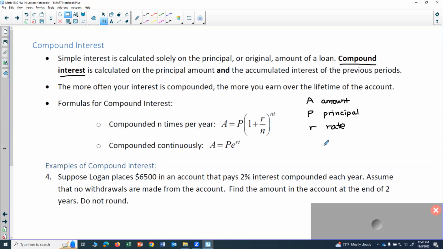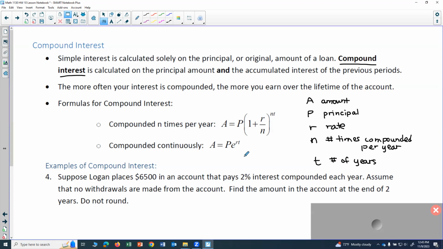N is the number of times that your loan is compounded per year. And T is the number of years. If your loan is compounded continuously, then the formula is A equals Pe to the RT, where e is Euler's number.